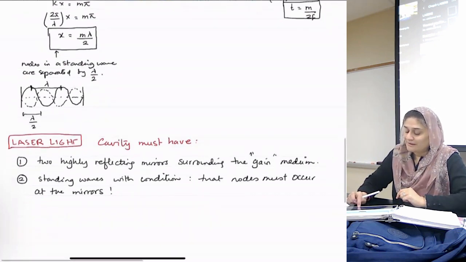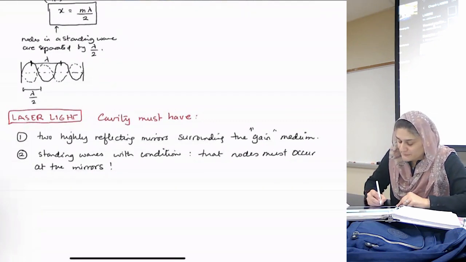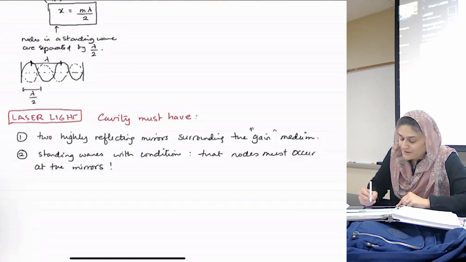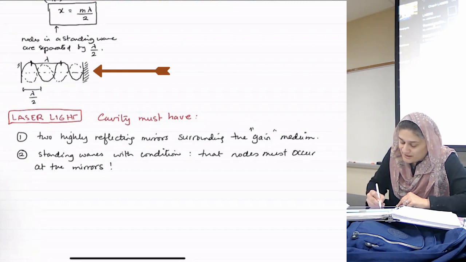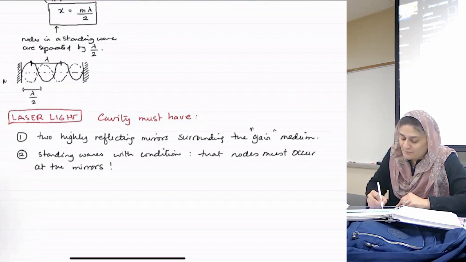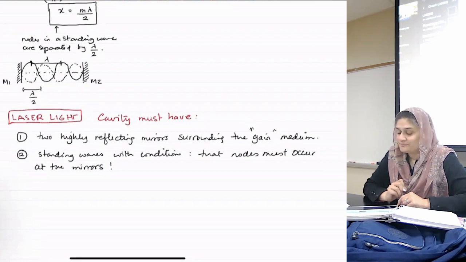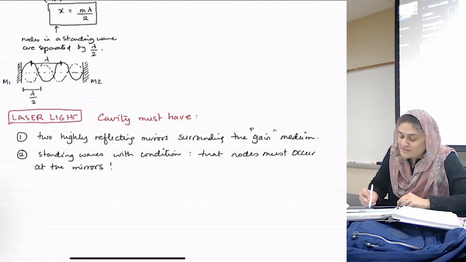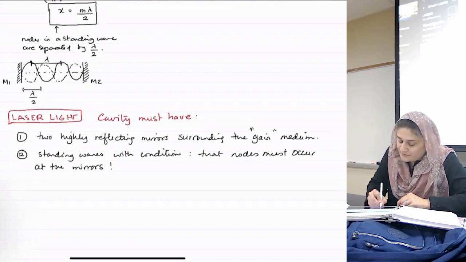So the length of your cavity, going back to this picture, may I replace this picture with mirrors on both sides? Because now I'm talking about lasers. May I call this M1 and M2 mirror? So then what must be my condition for the length of how far these mirrors can be?